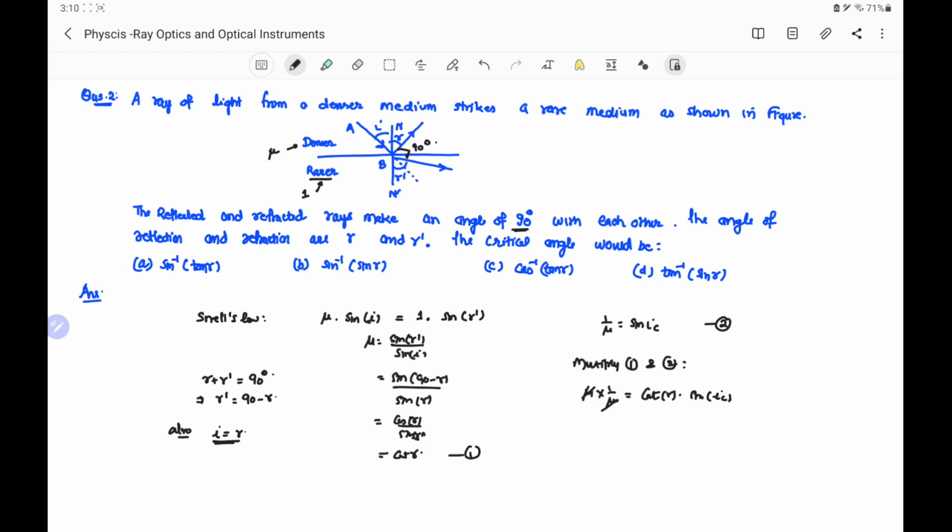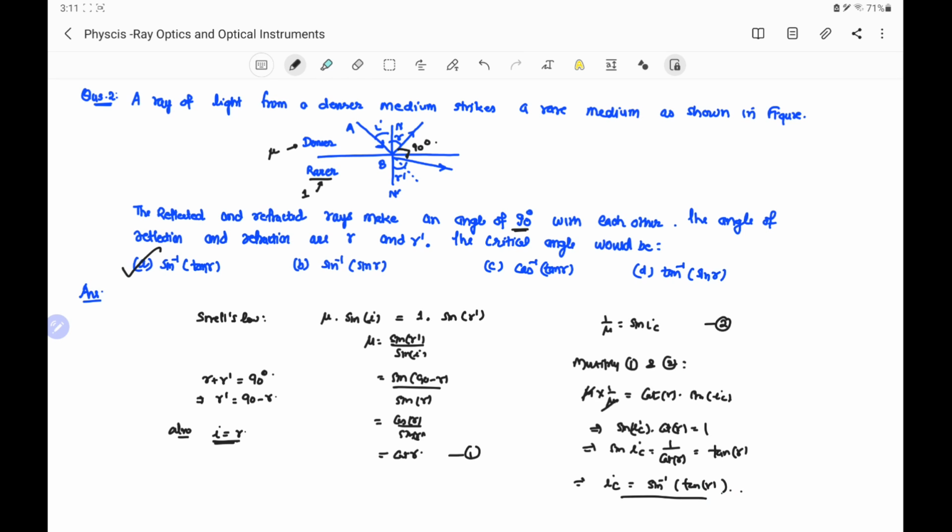This mu and mu get cancelled. Therefore, sine IC into cot R equals 1, or sine IC will be equal to 1 by cot R, which can be written as tan R. Therefore, the critical angle IC will be equal to sine inverse tan R. Hence, option A is the correct option.